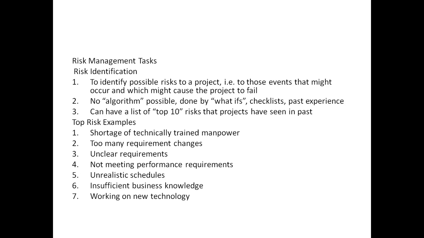Methods that can aid risk identification include checklists for possible risks, surveys, meetings and brainstorming, and reviews of plans, processes, and work products. These are some of the ways through which risks can be identified.